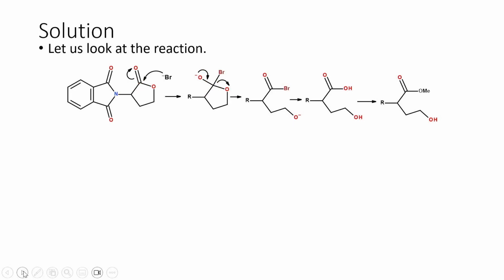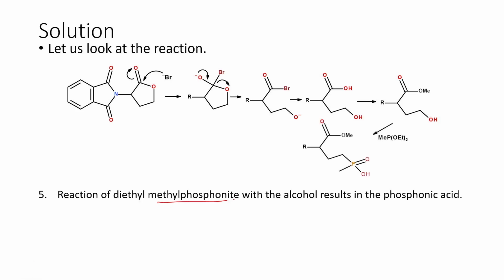Once the hydroxy ester is formed, the next step is the reaction with the methyl phosphonate. When this reaction occurs, the hydroxy group is lost and the phosphorus unit is attached to this substrate, and we end up with the phosphonic acid as shown here.